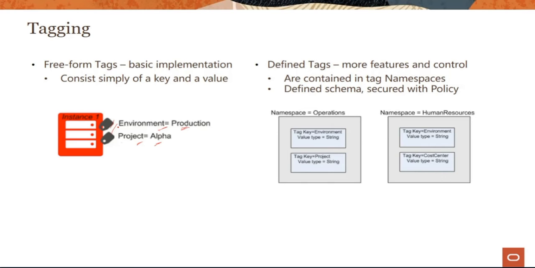Now with OCI, there's a differentiated feature which is called defined tags, and this gives you more features, more control. Let's see how it's implemented. The first thing you do is you have this concept of namespaces. You have a namespace here which says operations, you have a namespace here which says human resources, and within the namespace you have a schema where you can define your tag keys.